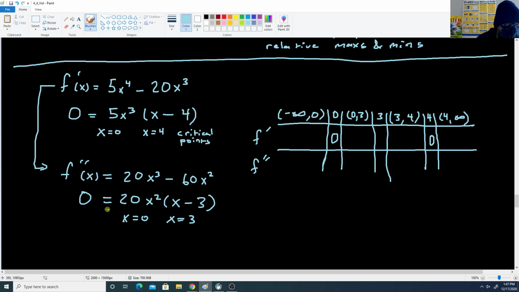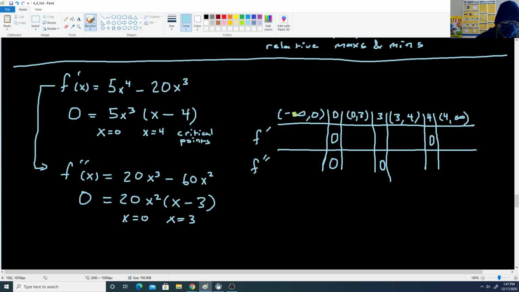The second derivative is 0 at x equals 0, and it's 0 again at x equals 3. So what we need to do now is grab a point from each region, see what signs the derivatives are, and then see what's going on with 3 and 4. So 3 at the first derivative and 4 at the second derivative.